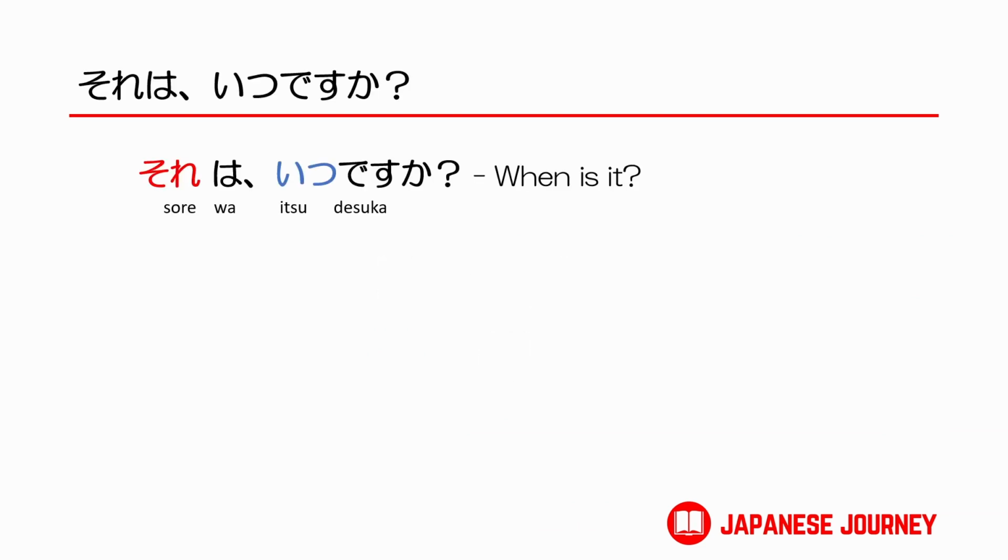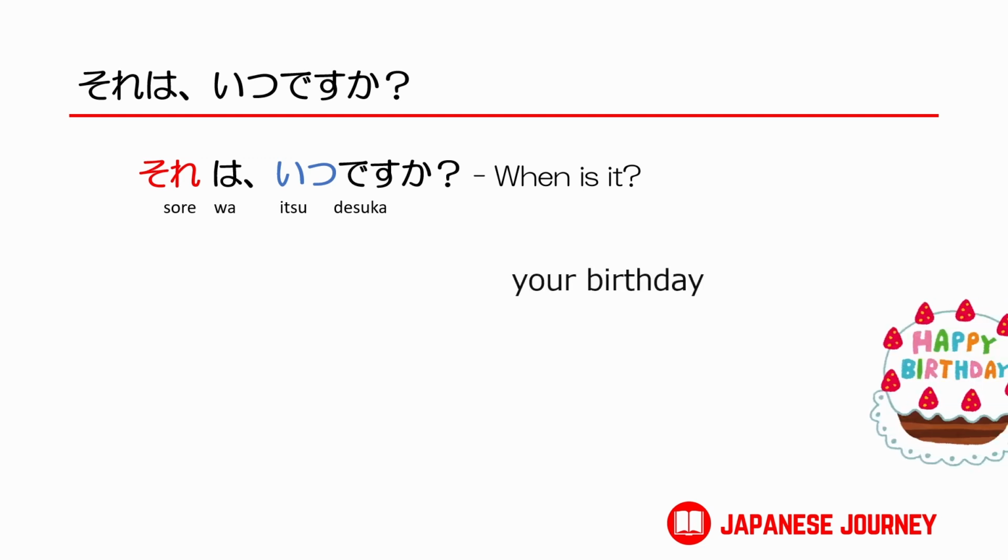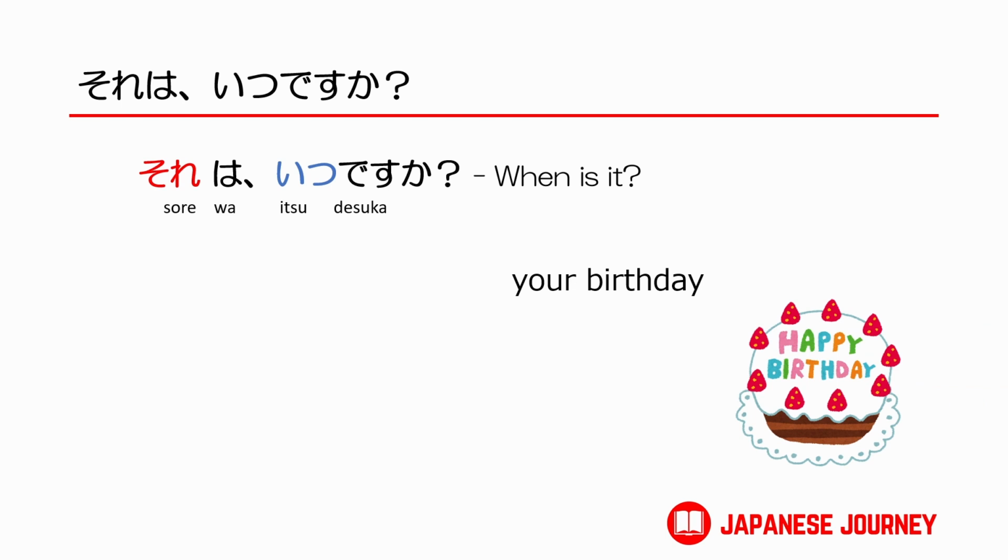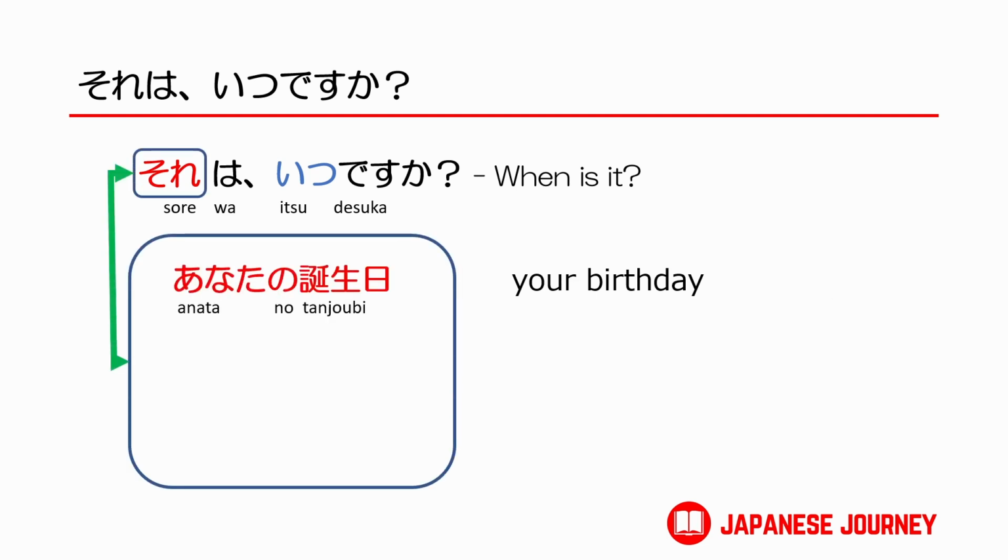You can use いつ to ask question about an event that is happening. If you like to ask your friend, when is your birthday? How can we ask? Birthday in Japanese is 誕生日. Using the sentence structure of それはいつですか? Change それ to あなたの誕生日 and it becomes あなたの誕生日はいつですか?